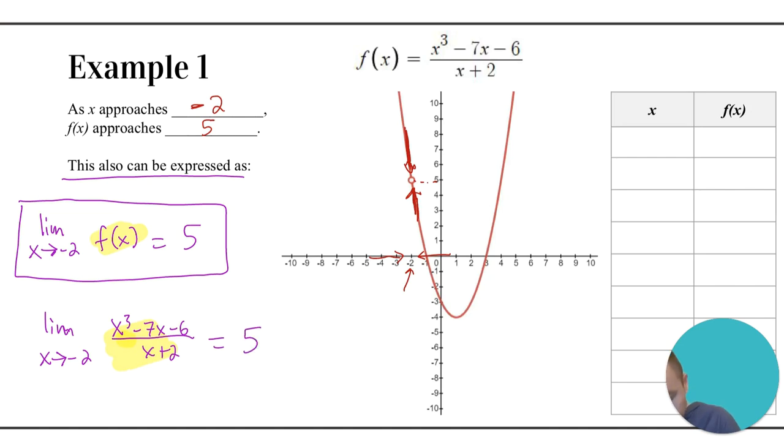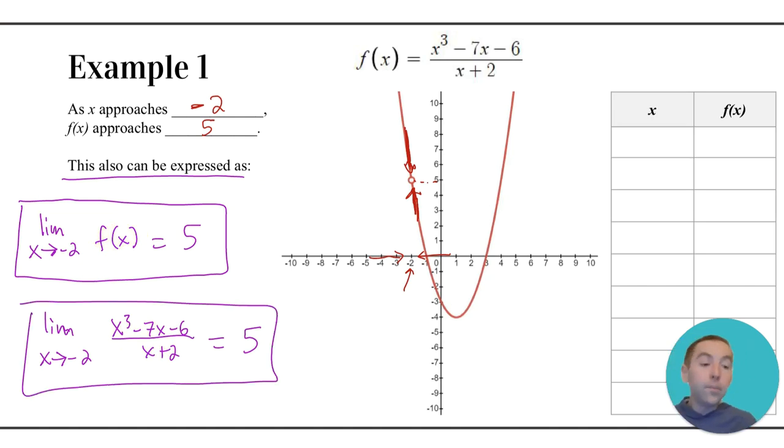The limit of that expression as x heads towards -2 is also going to be equal to 5, right? So either of those two ways are fine. You don't need to write both. More often than not, we'll probably write the first one just because it's a little simpler and a little bit shorter, right?